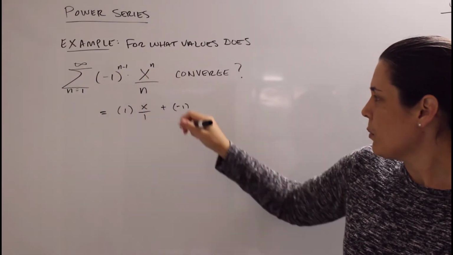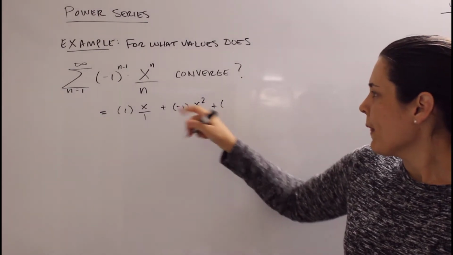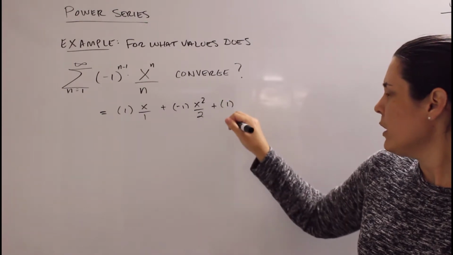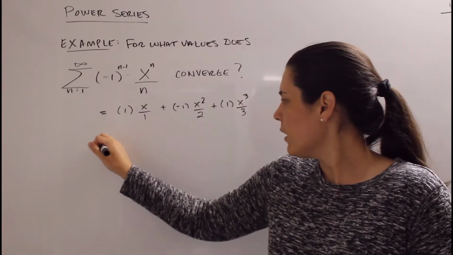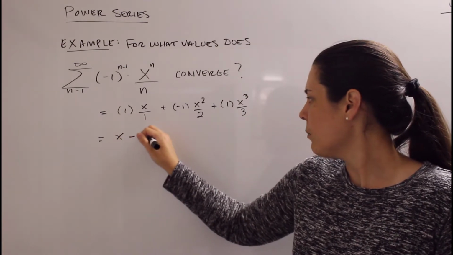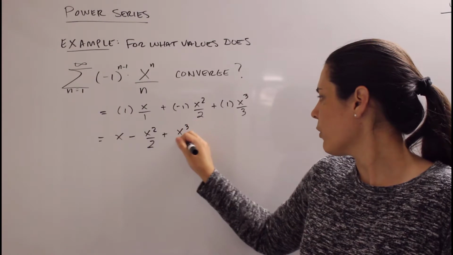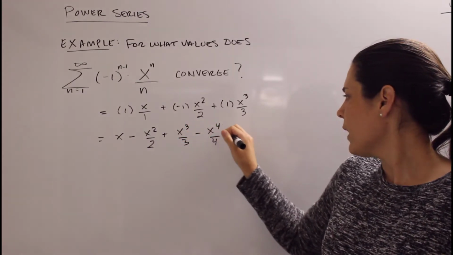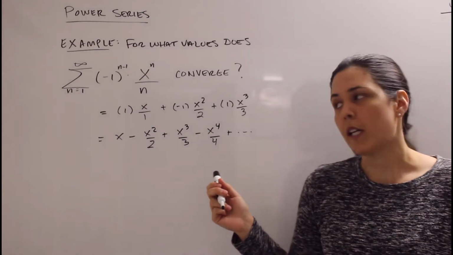And then this is going to be x squared over 2. Let's just do one more. When I plug in 3, this is going to be -1 squared, which is +1, x to the 3 over 3.